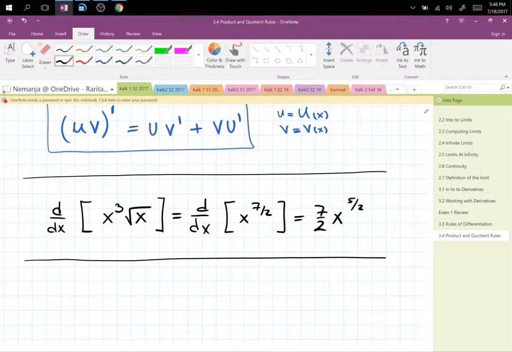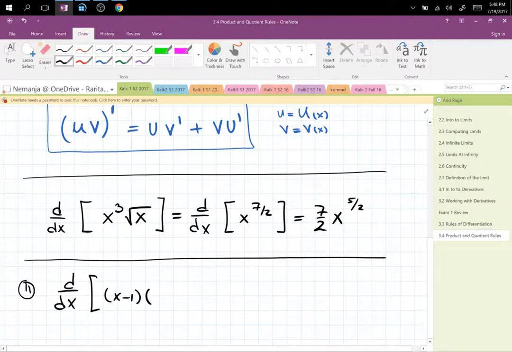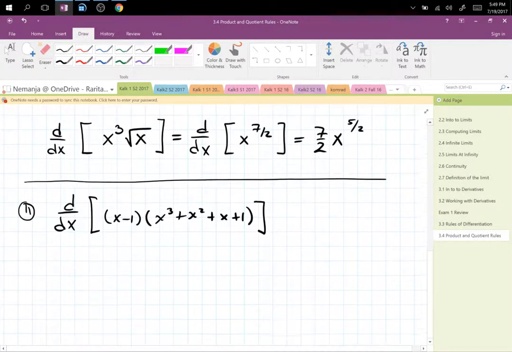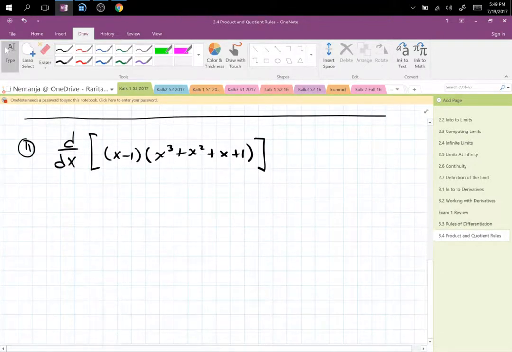Derivatives of the product. And one of the exercises, number 11, says that you should take the derivative in terms of x of x minus 1 times x cubed plus x squared plus x plus 1. I will encourage you to do this problem in two ways.